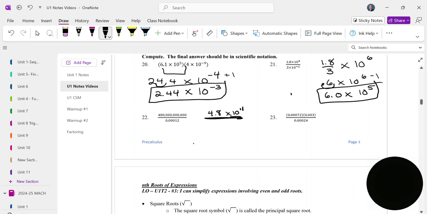And then this one, when I move it this way, it's going to be 1.2. But then when I count, I moved it 1, 2, 3, 4 spaces. So it's going to be 10 to the negative 4th, because it's a decimal to begin with. So then when you divide, 4.8 divided by 1.2 is 4. And then you subtract the exponent, so you get times 10 to the 15th.